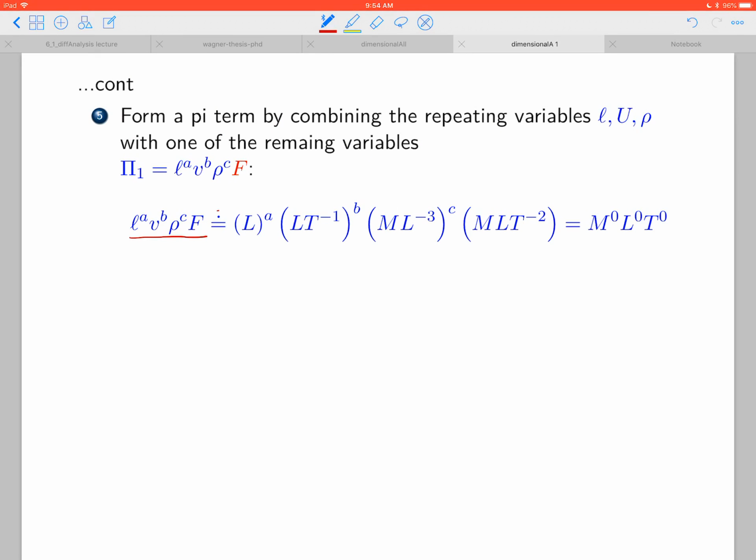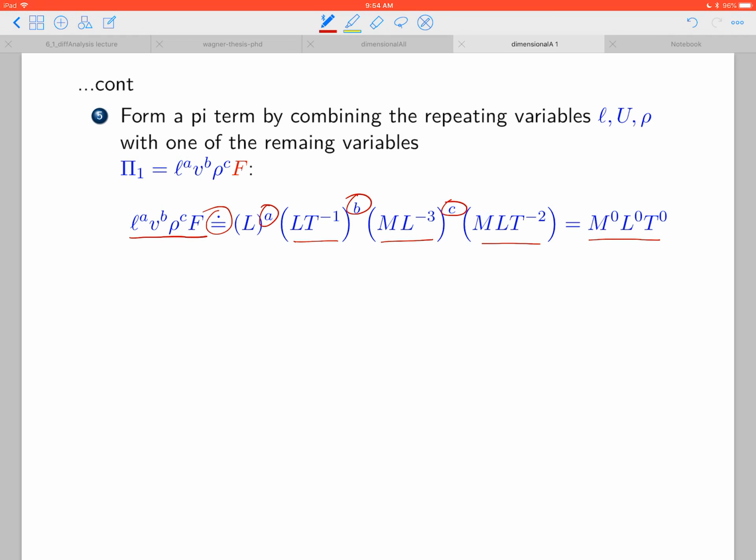And this is equal, in terms of dimensions, to the dimensions of length to the A, the dimensions of velocity to the B, the dimensions of density to the C, and the dimensions of F, which has to be equal to M L T to the 0. That means dimensionless.